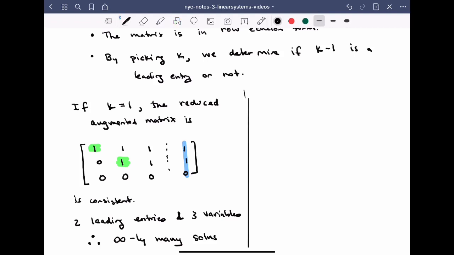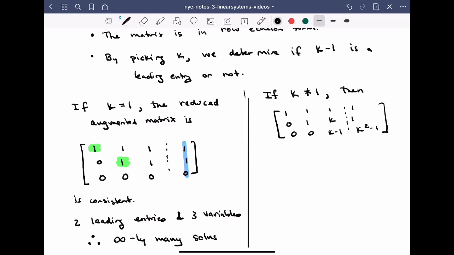Let's now consider the case where k is not equal to 1. If k doesn't equal 1, then we can't really say anything about what the augmented matrix looked like, except notice that when I write down the augmented matrix, I know that the 1 is the leading entry, the second one is the leading entry, and k minus 1 is the leading entry.